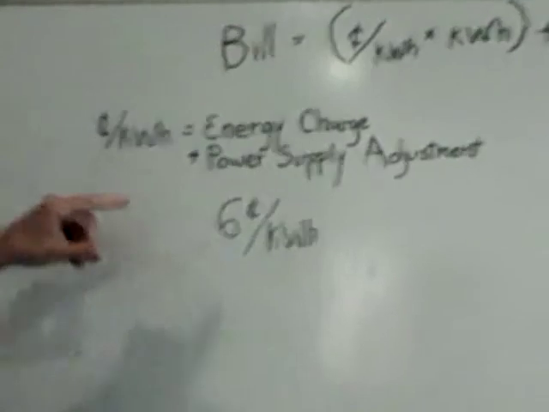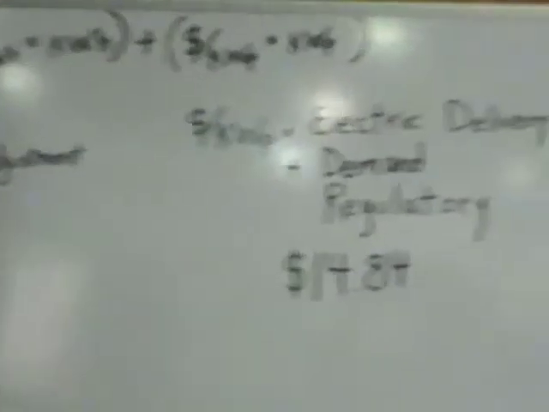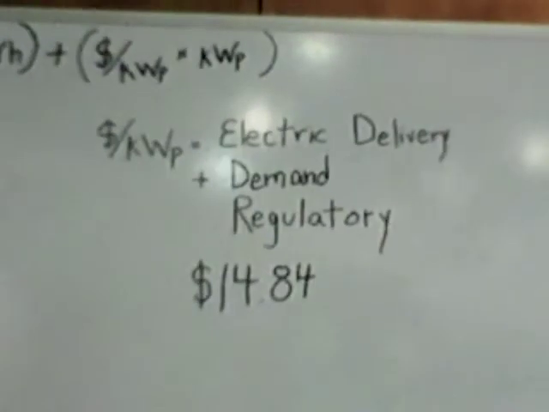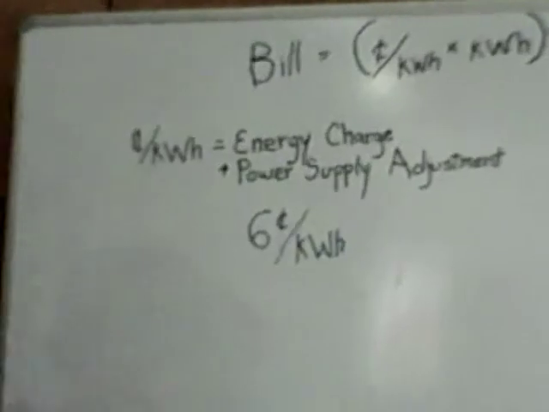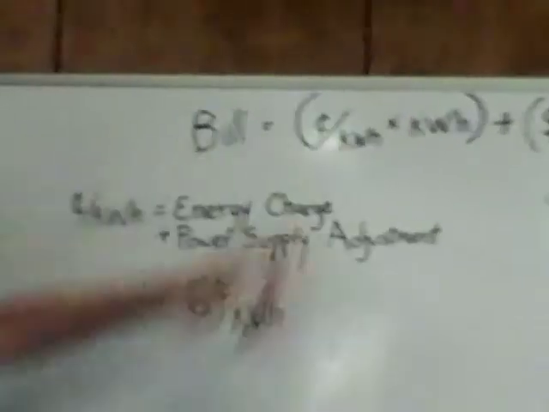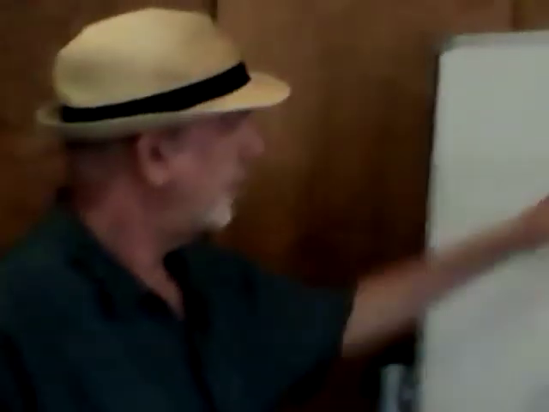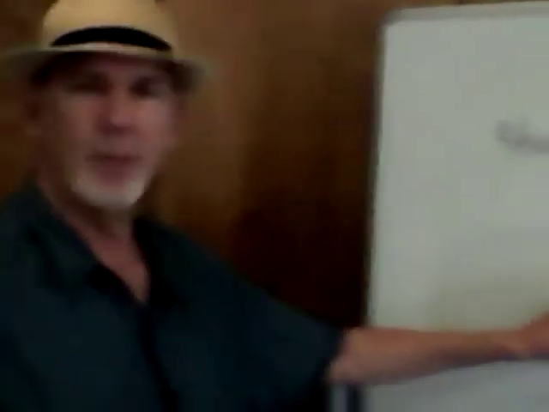Both of them are shown on the bill, and each of them is shown as cents per kilowatt hour. You just add together those two cents per kilowatt hour, and you come up with the number shown up here as cents per kilowatt hour. For Austin Energy, right now, for this particular customer, those two numbers sum together to be right around 6 cents a kilowatt hour.